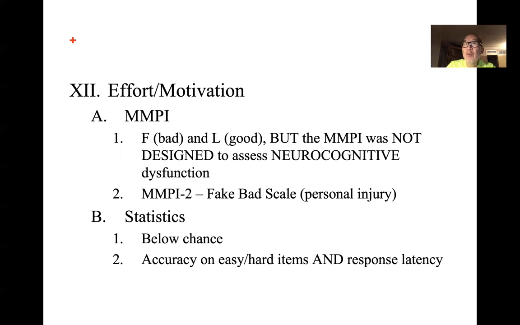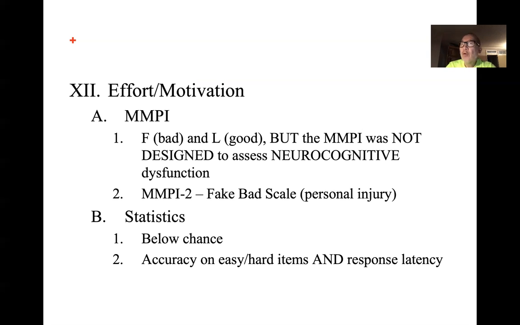If the person is performing poorly, below chance, below how someone would perform if they just responded randomly or by a flip of a coin, and you see this on a number of tests, that might be evidence towards the hypothesis that the person is faking bad.